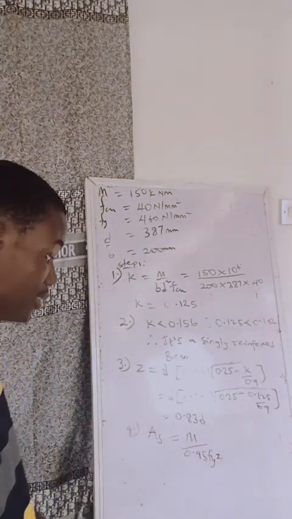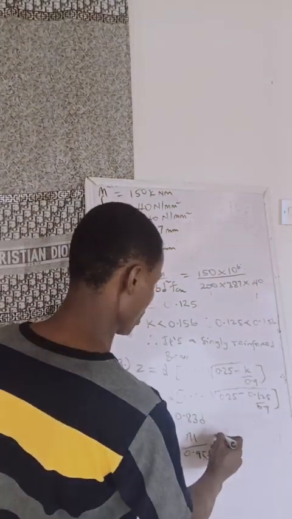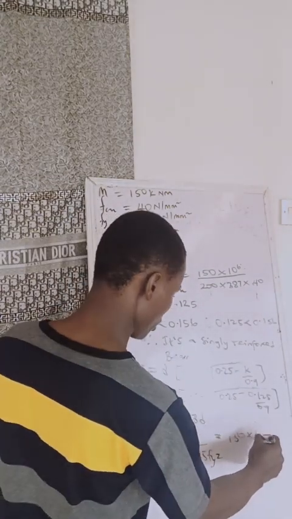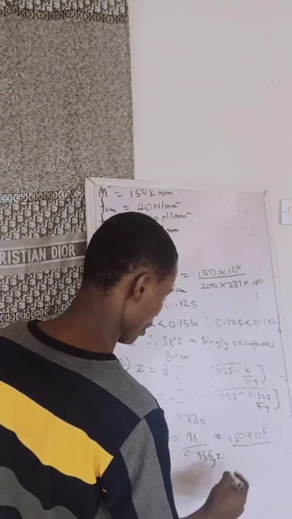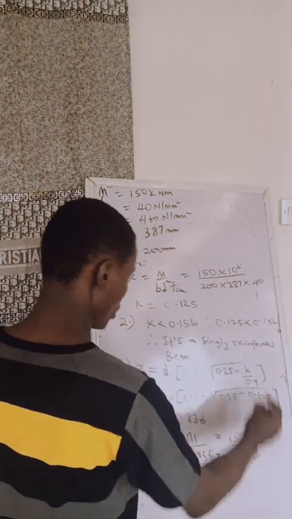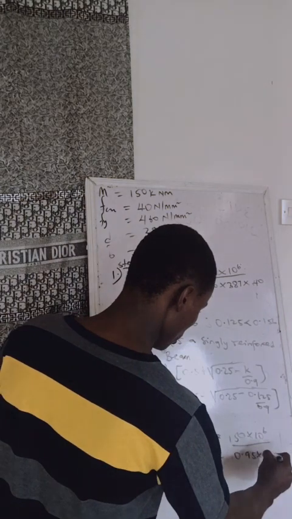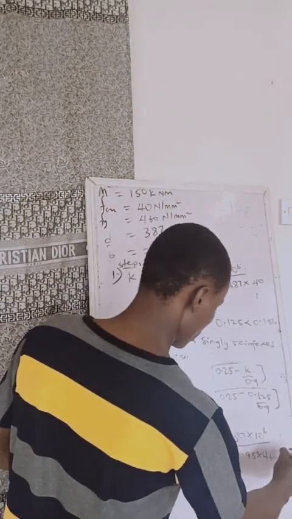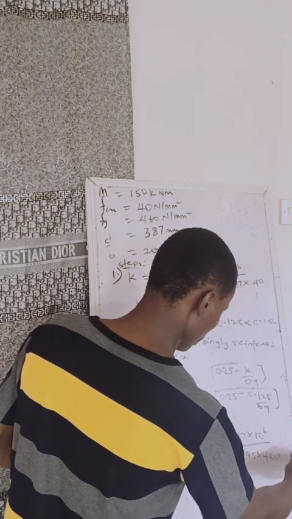Our M has been given as 150 times 10 power 6, and our Fy has been given as 460, multiplied by 0.83D.